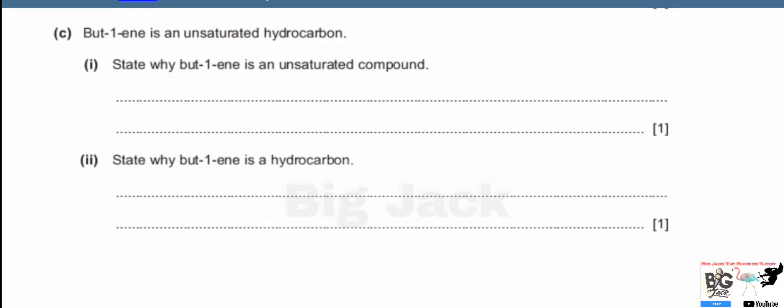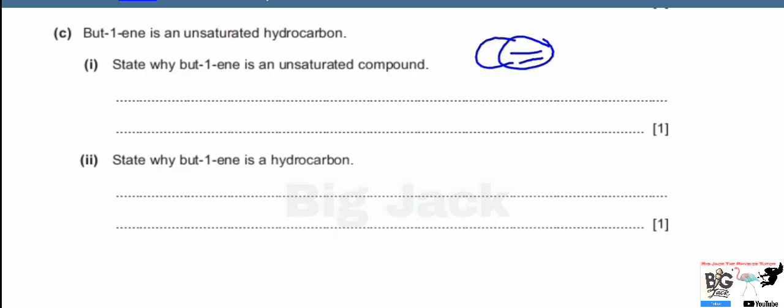The next one is saying, state why but-1-ene is an unsaturated hydrocarbon. The reason why but-1-ene is an unsaturated hydrocarbon is because it contains a double bond. A double bond is just like this one here, where we say C, then we put two bonds.